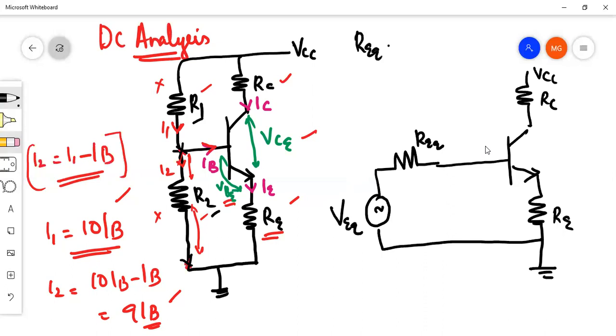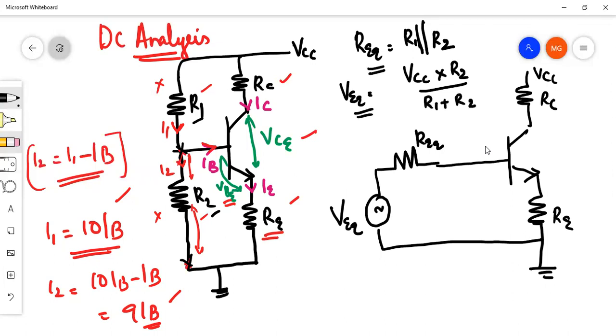R equivalent will be R1 parallel R2. Then V equivalent is the voltage across R2, obtained from the voltage divider rule, that is VCC into that resistance divided by the sum of resistances R1 plus R2. These are the two values of V equivalent and R equivalent.